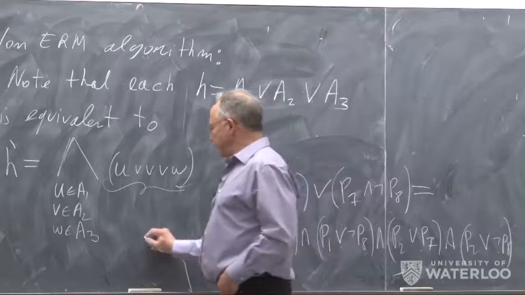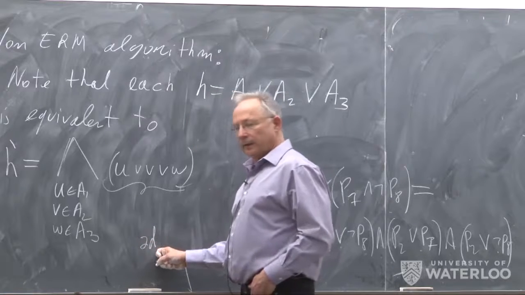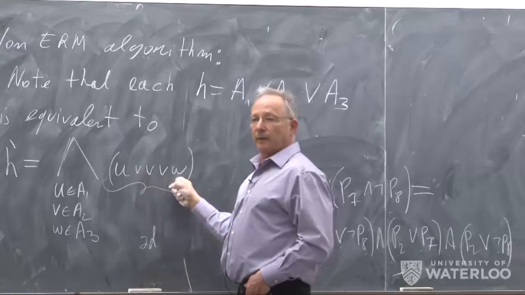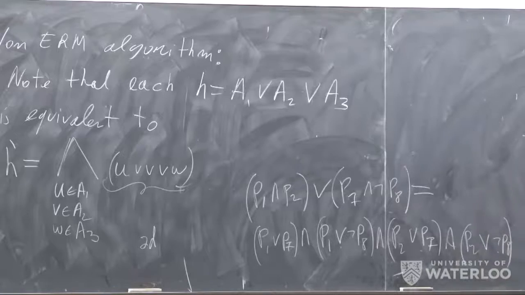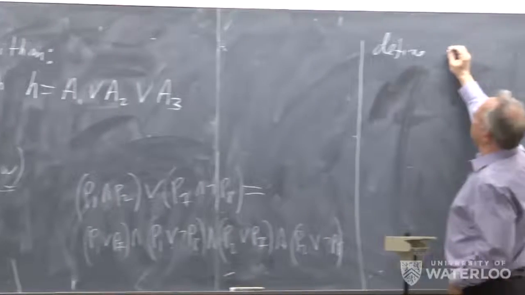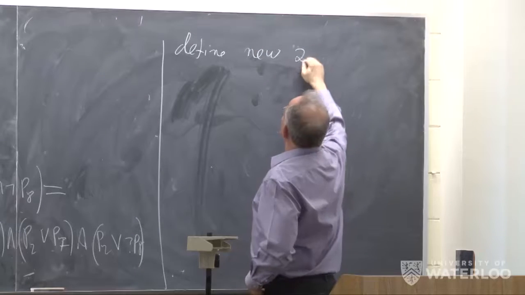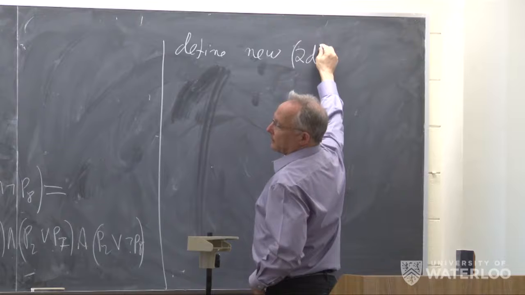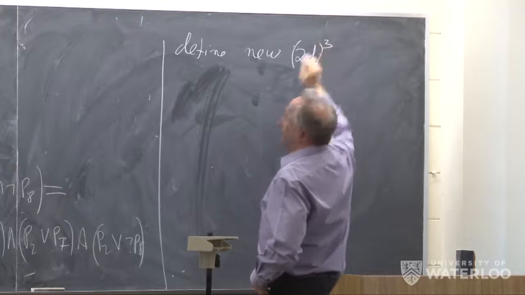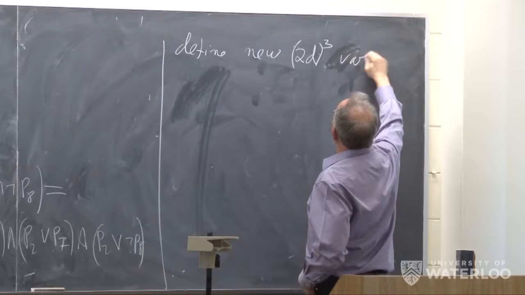Over d variables, I have 2d literals, and I am looking at picking all triples of them. So I have to define roughly (2d) cubed new variables.